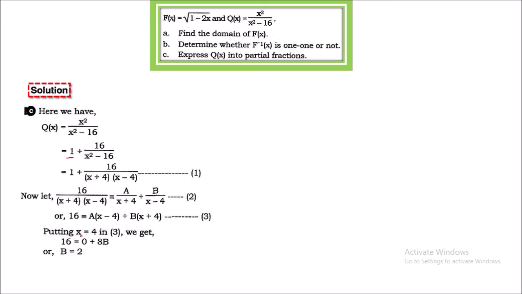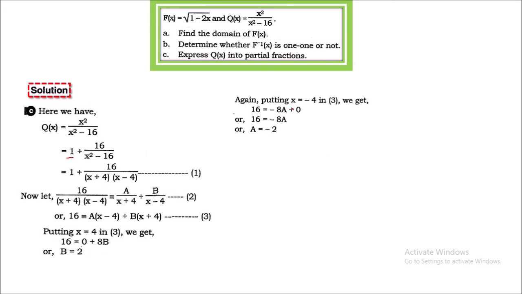Then I put x equal to 4 here. So you will understand here it will be 0. A into 0 means 0, then b into 4 plus 4 equals 8b. From that I got b equal to 2.